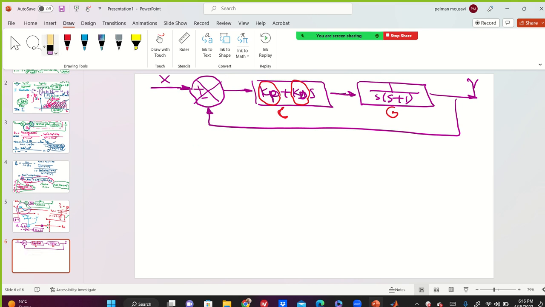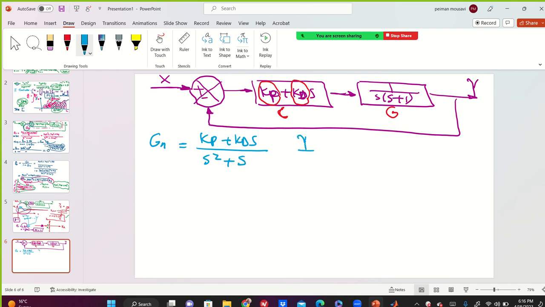Your new Gn is (KP plus KD s) over (s squared plus s).